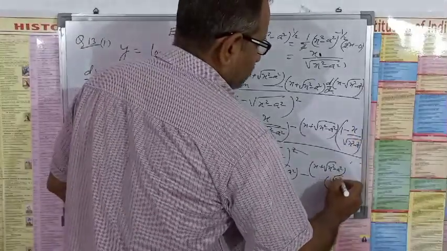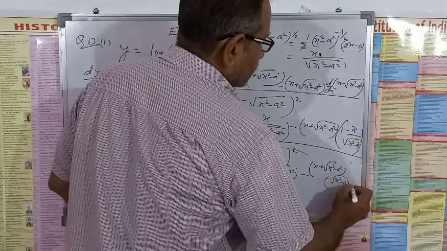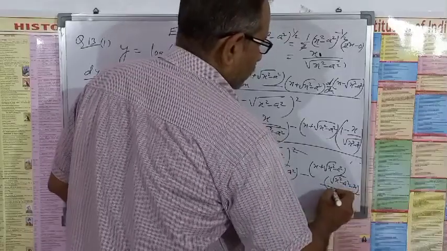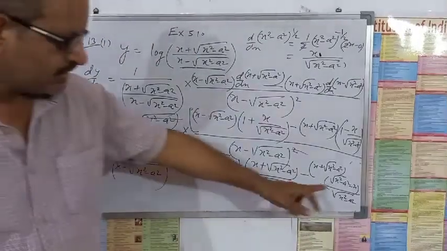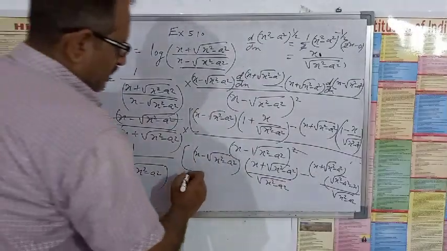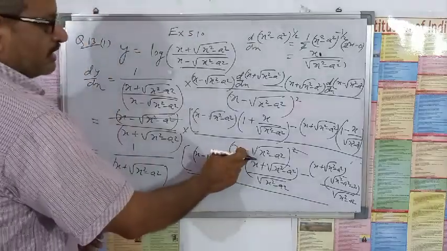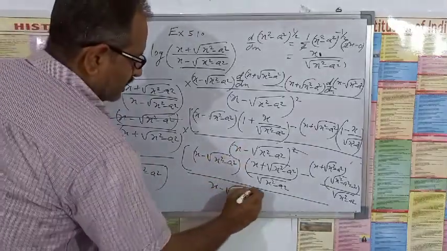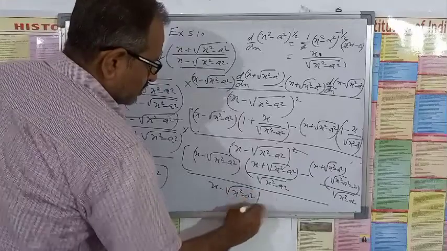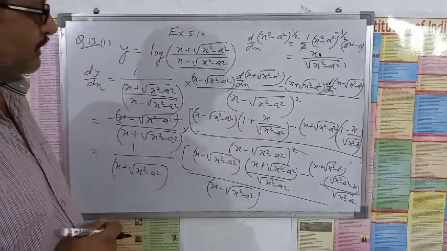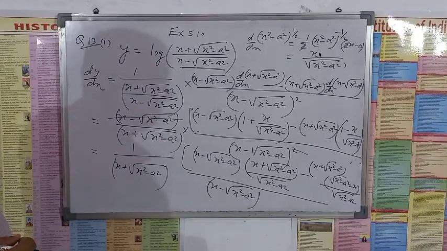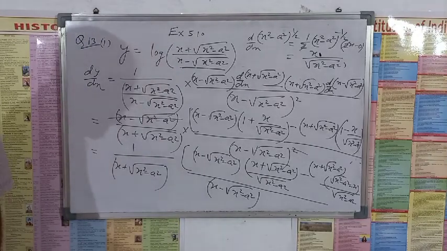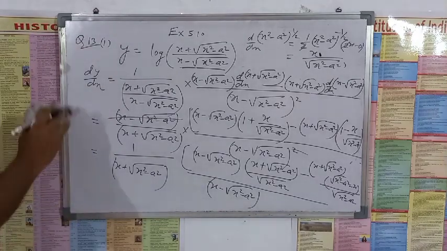So it will be root x square minus a square minus x whole upon root x square minus a square upon, one factor is remaining here. So x minus root x square minus a square. So calculation is lengthy. Now we have to simplify it.